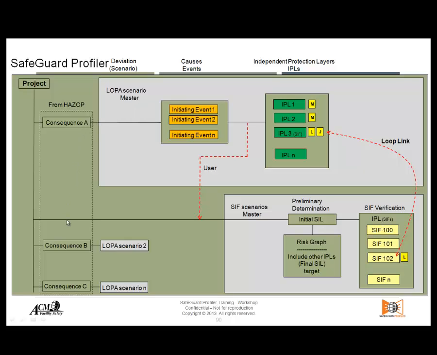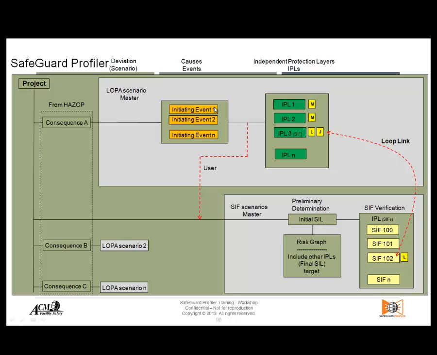And you go through the HAZOP in the same way, looking for a different consequence. Then you will end up with the LOPA scenario number 2, and so on until you have all the layer protection analysis scenarios. Once a layer protection analysis scenario is created, either manually, by importing it, or creating it through the HAZOP file, then we end up with this LOPA scenario, which is made up of initiating events or event causes, and then we have the safeguards associated with those causes.